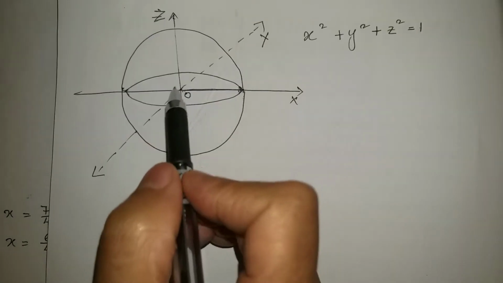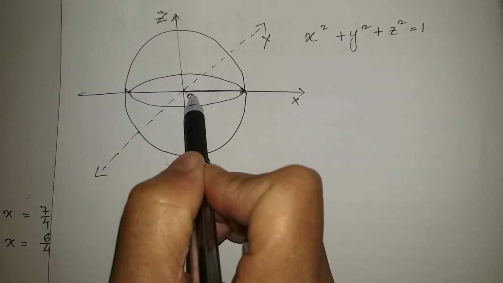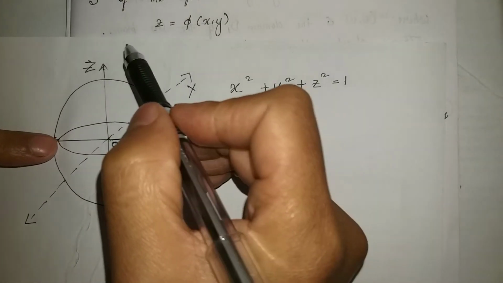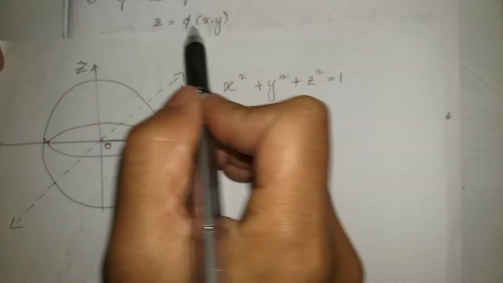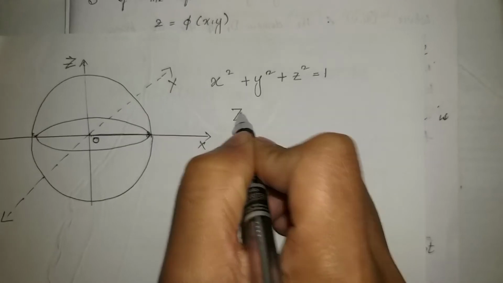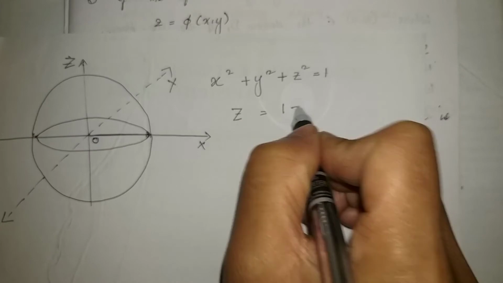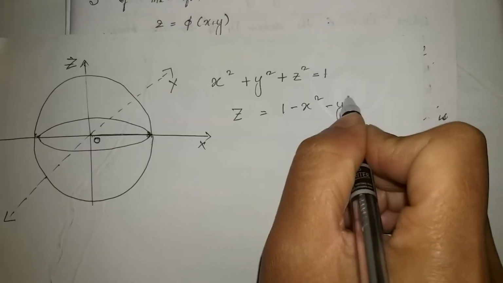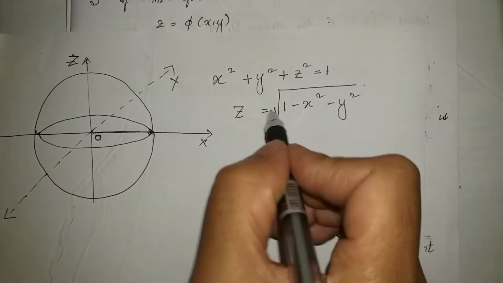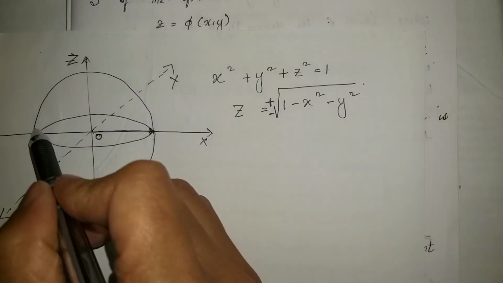We're talking about a unit sphere at the origin O. Now, if I want to express z in terms of x and y, then it will be the square root of 1 minus x square minus y square, positive and negative.